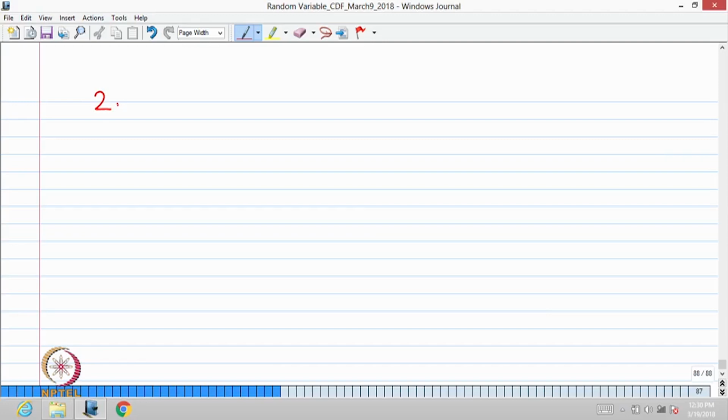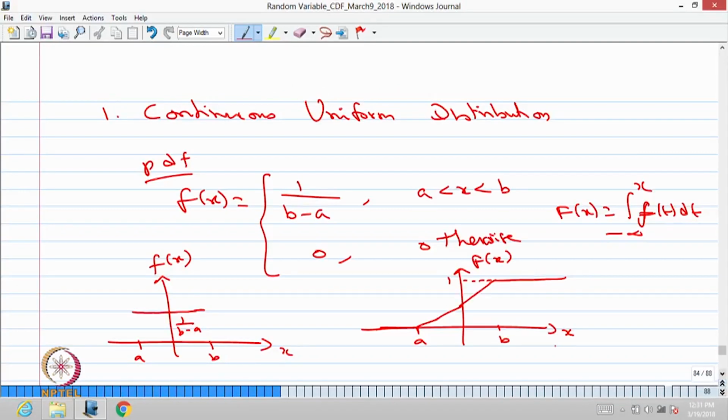Now, we will move into the next distribution, that is the exponential distribution. Before that, in notation, the continuous uniform distribution is written as x follows capital U with the interval (a, b).